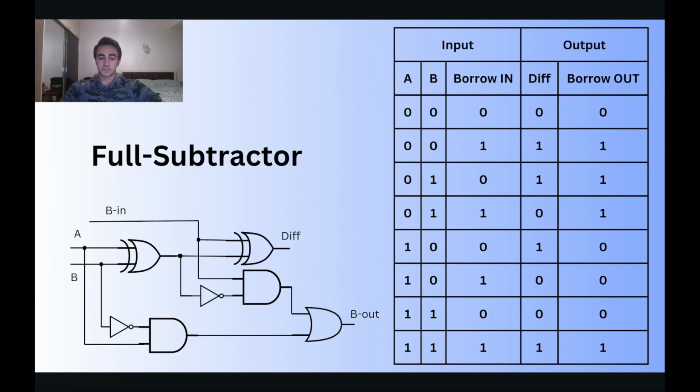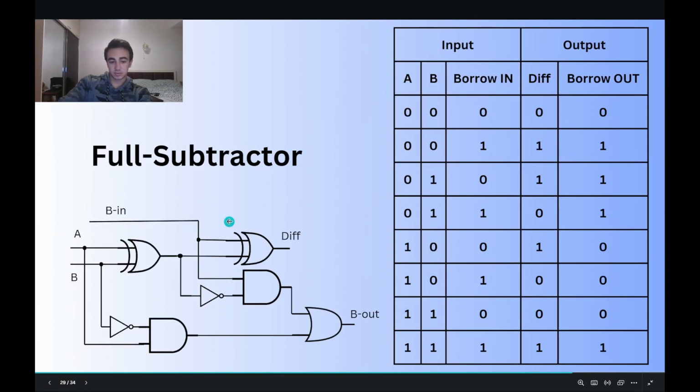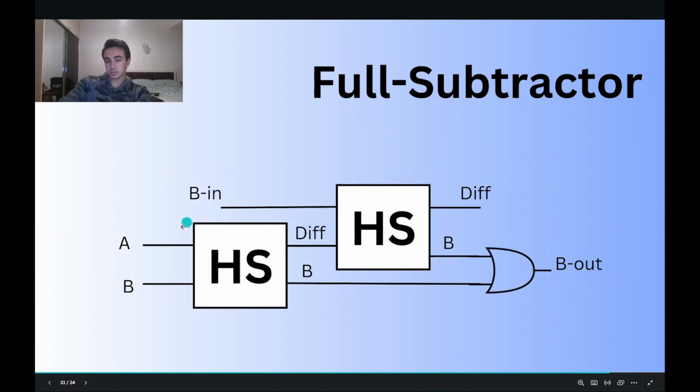As with the full adder, this construction of the half subtractor is repeated two times in the full subtractor and connected with an OR gate. So we can represent the full subtractor this way: two half subtractors connected with the OR gate.